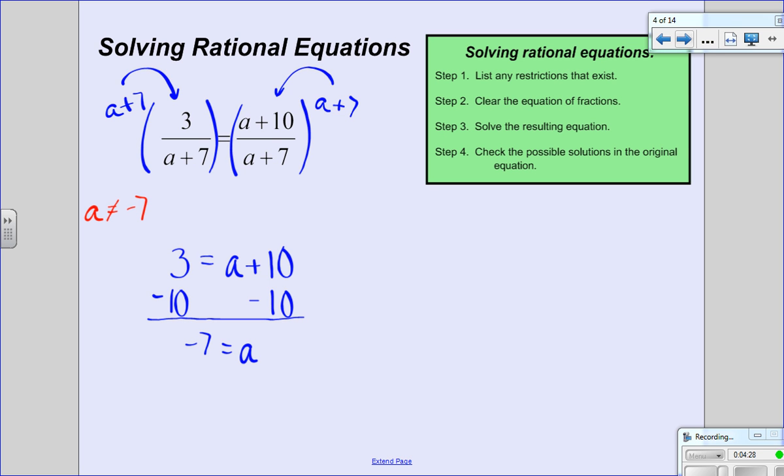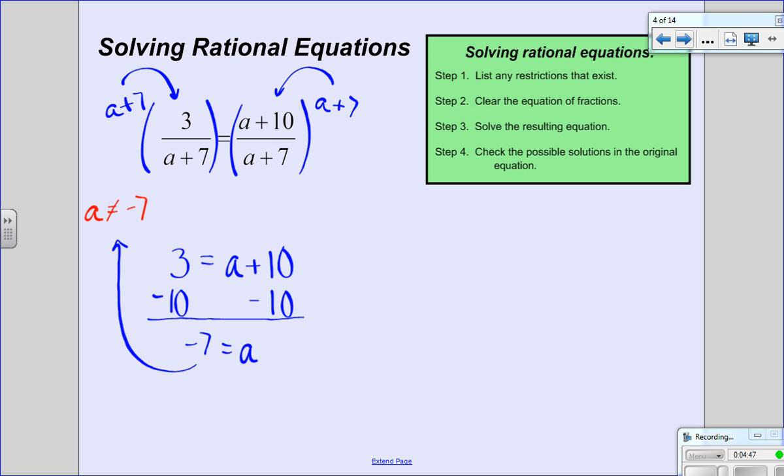So -7 is our possible solution. Before we circle that, let's make sure that that wasn't restricted. As we go back and check what our restrictions are, we actually found that -7 was a restricted value. So before we started solving this equation, we already identified that -7 cannot be a solution.